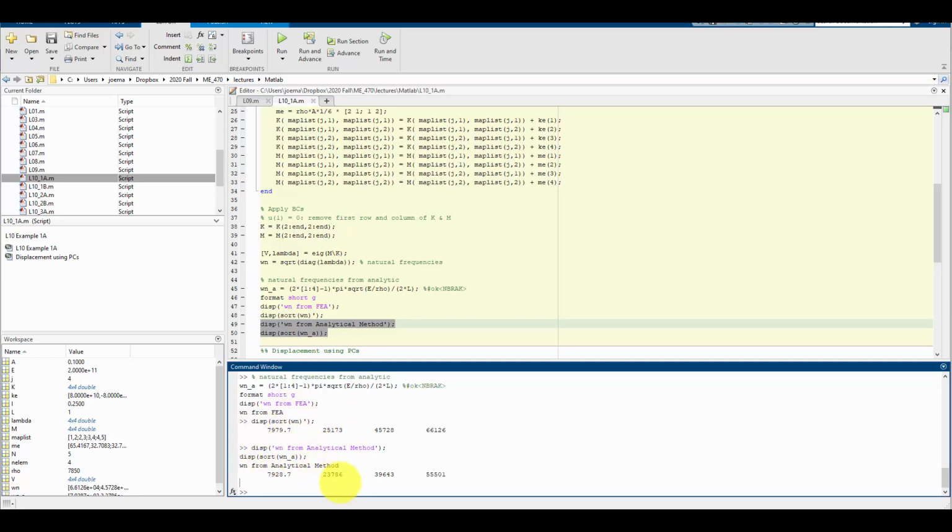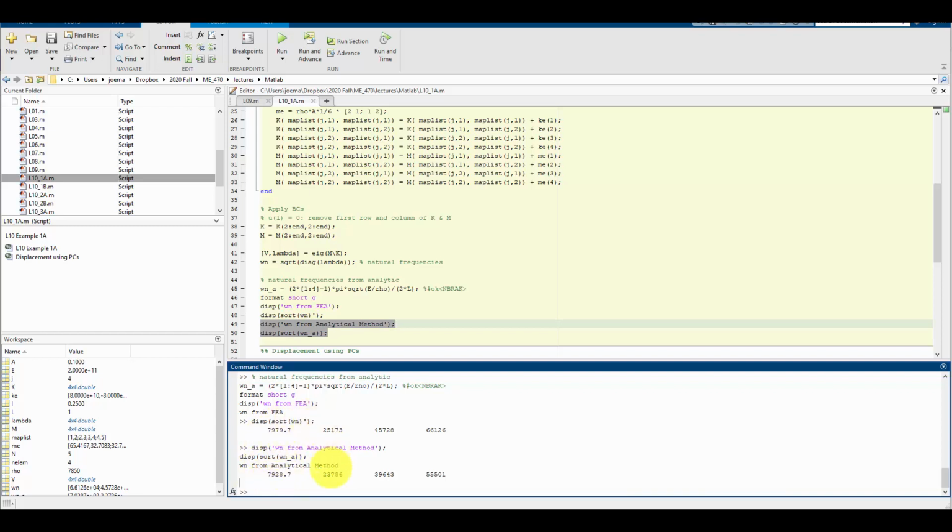Then we get 23,000, let's call it 23,800 versus the correct value, which we do already know is 25,000. Then the third is 39 versus about 46. And then we have 55.5 versus 66. So what's happening here is the first natural frequencies from our FEA versus the actual are fairly close.